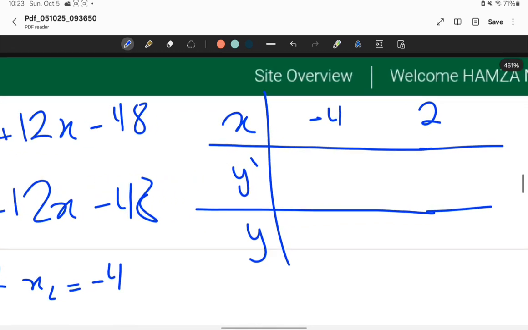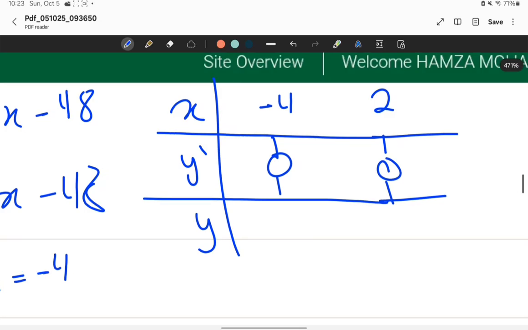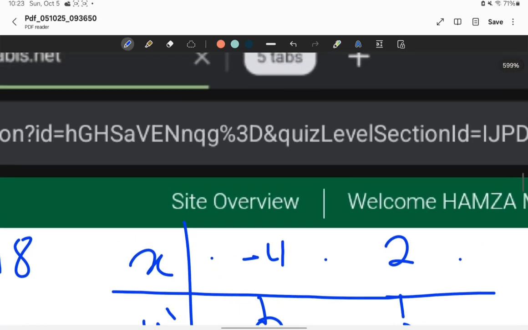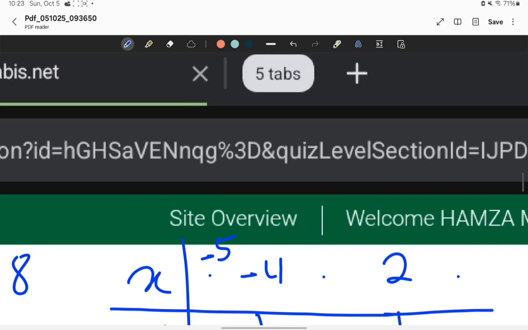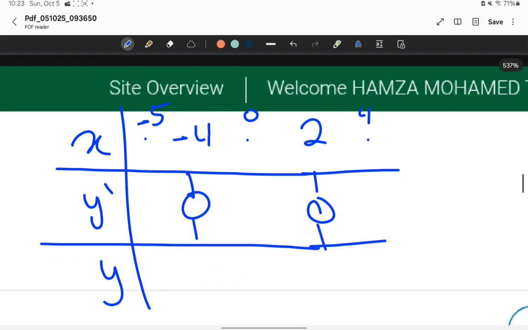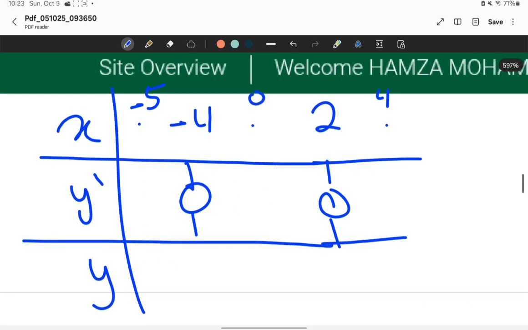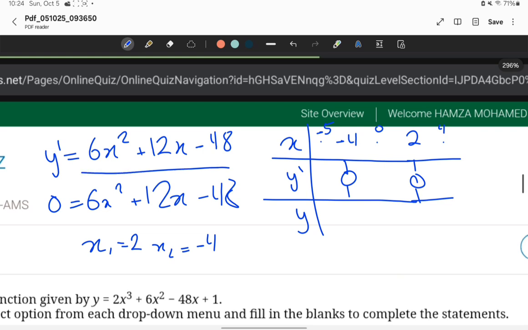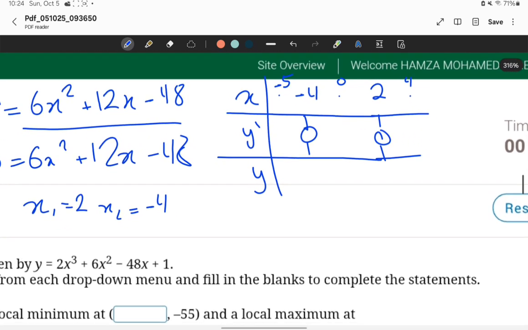Okay, now these are the roots. We take these to 0, and we need to substitute values before, in between, and after. So before we'll do minus 5, in between we'll do 0, and after we'll do 4 or 3 or 17. It doesn't really matter. Again, we don't care about the actual number, just make sure it's in between or after or before. Now we substitute these values into our derived equation. So we'll start off with minus 5.